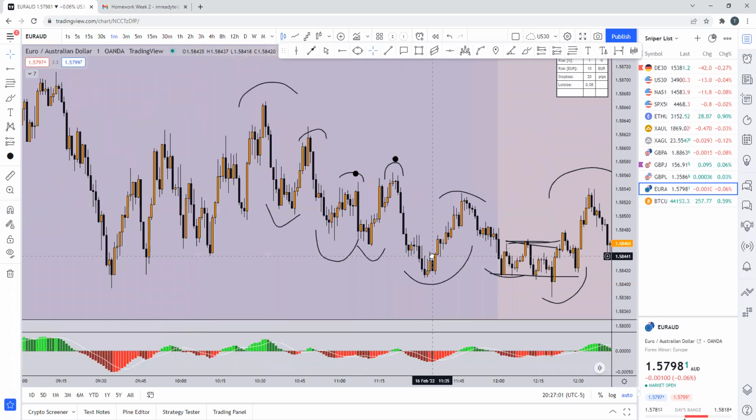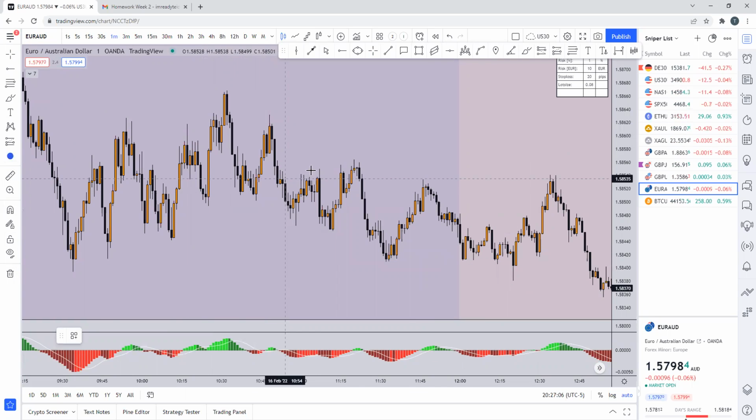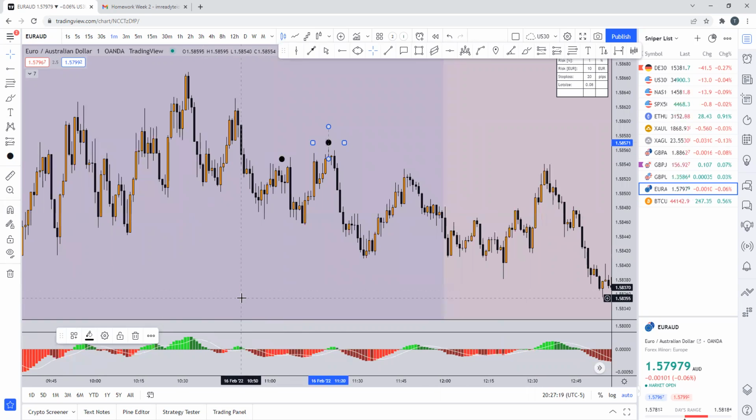So you have these two dots right here. Matter of fact, let me delete all this other stuff. You have two dots.